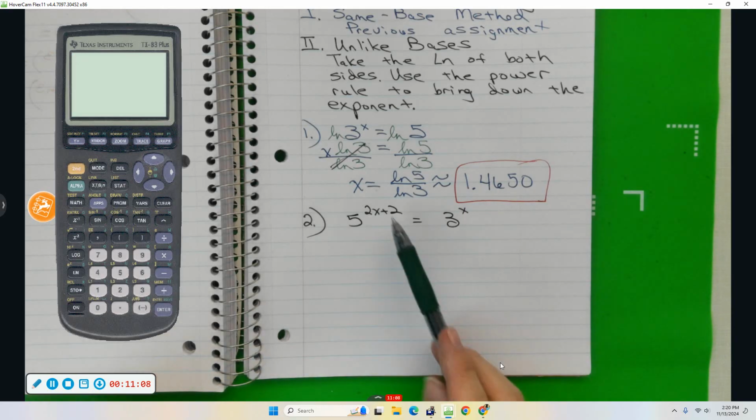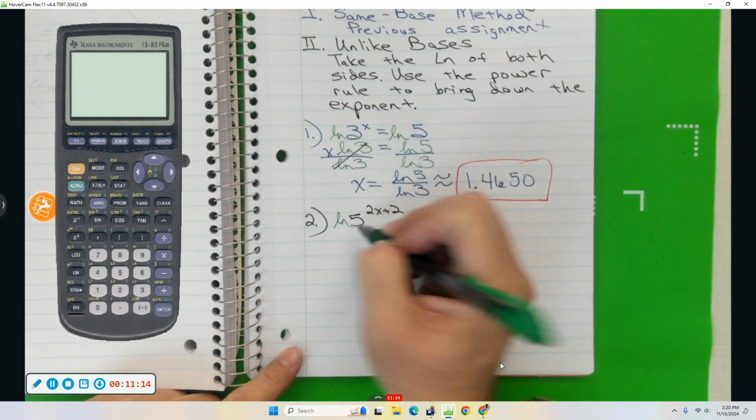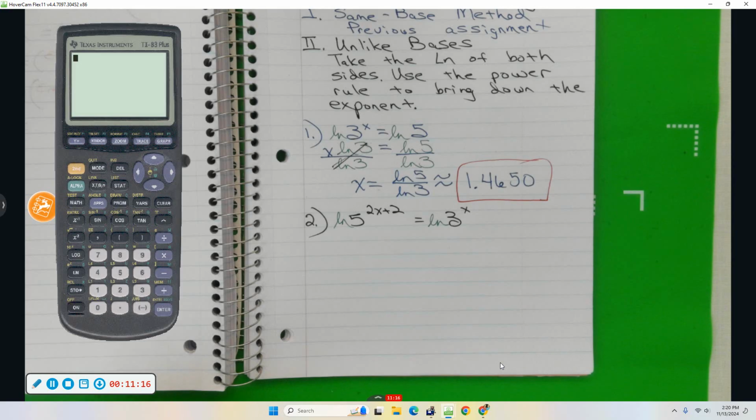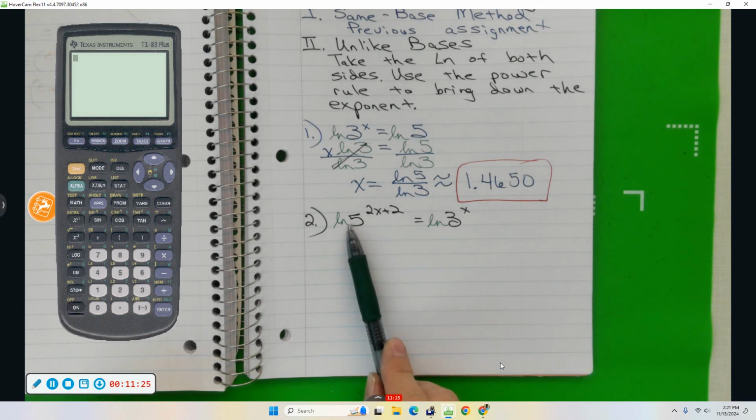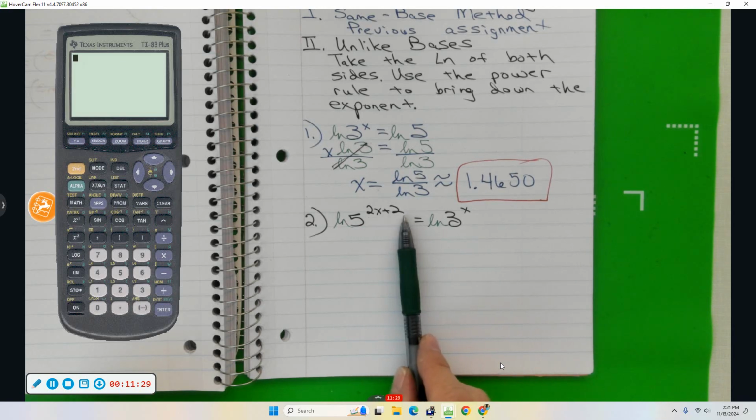5 to the 2x plus 2 is equal to 3 to the x. Notice the exponent is more than just a single term. We'll still apply the natural log to both sides. And that's going to let us pick up that exponent and move it down and write it as a factor. But the entire ln 5 is going to have to be multiplied by the entire exponent, 2x plus 2.